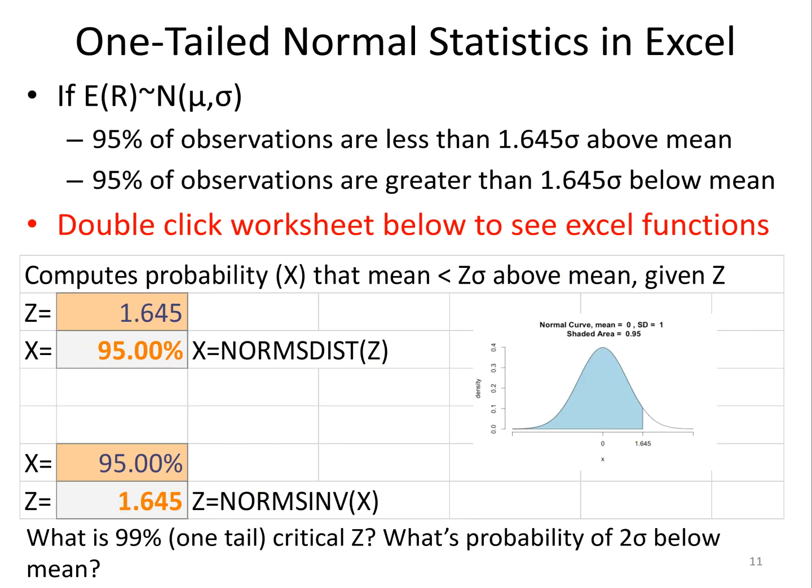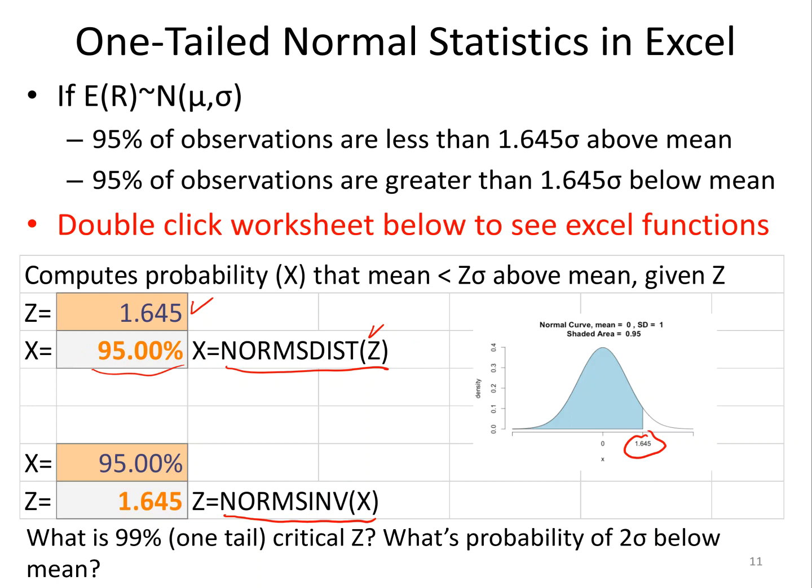Also, another use of these formulas: if I just use the norm s dist function and the norm s inverse function, what they're giving me are one-tailed tests. So for example, if I type in positive 1.645 standard deviations away from the mean, the norm s dist of 1.645 will give me a value of 95%.